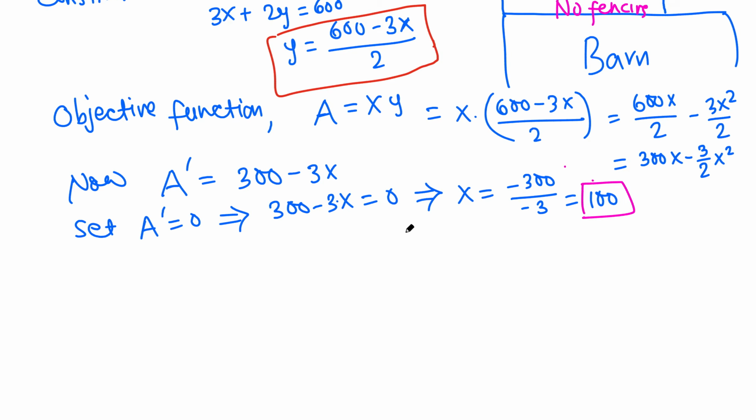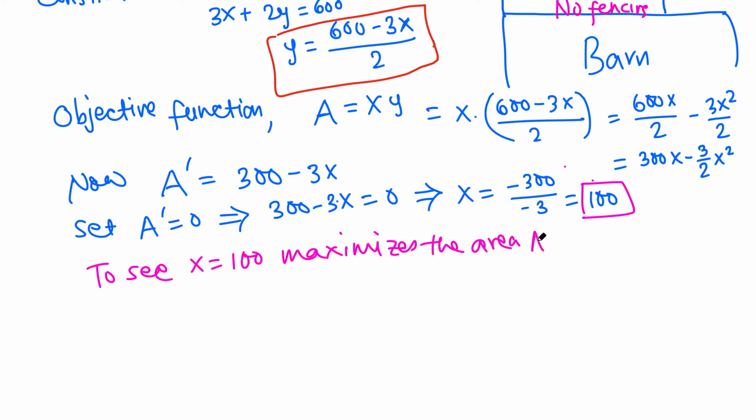Okay, now to see x equals 100 indeed maximizes the area, because our objective function is the area, let's use the second derivative test. So let's find the second derivative.